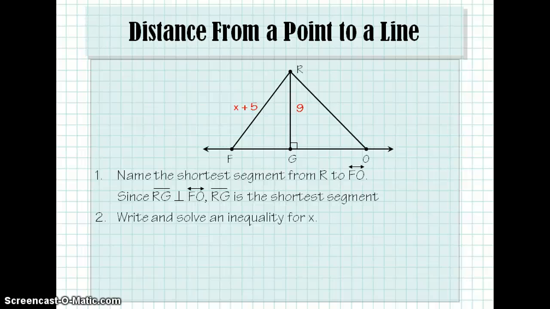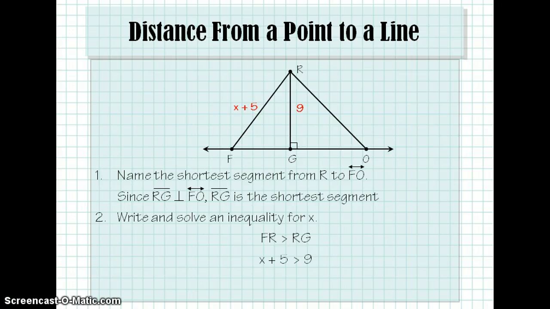And my second question says, write and solve an inequality for x. Well, we said that this is the shortest segment, which means any other segment from R to the line has got to be longer. So FR has to be longer than RG. So FR is greater than RG, which means that x plus 5 is greater than 9.